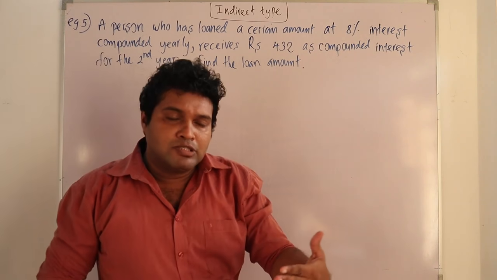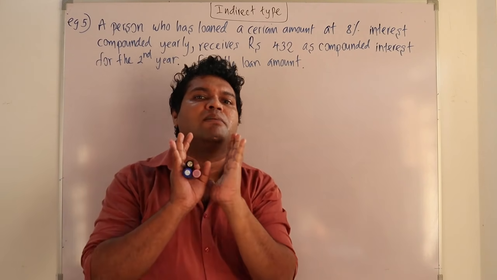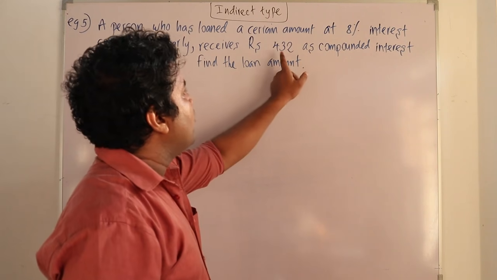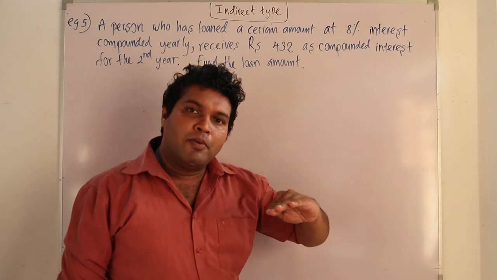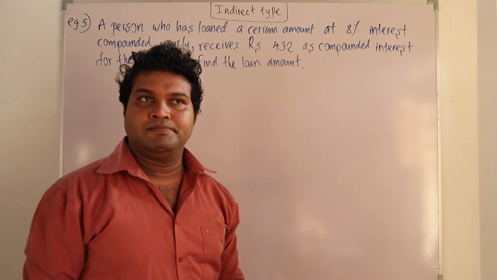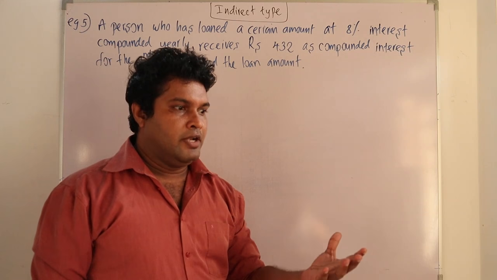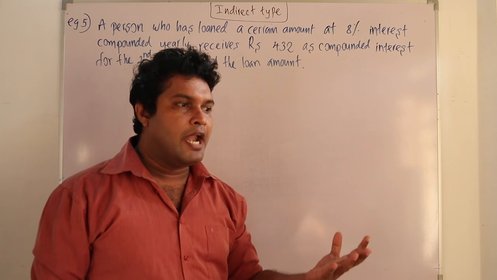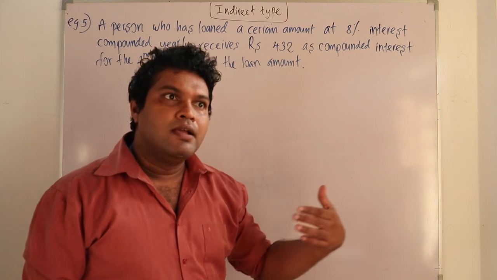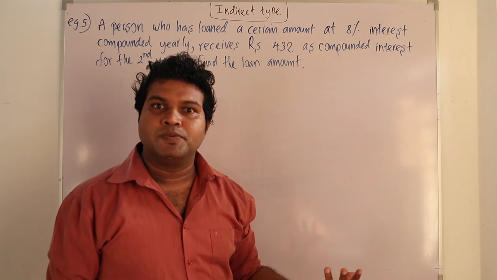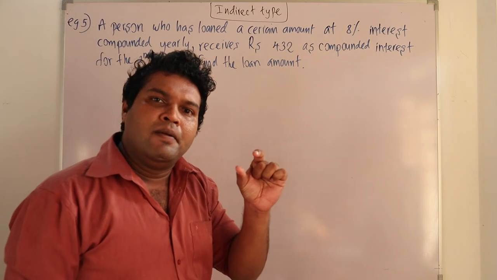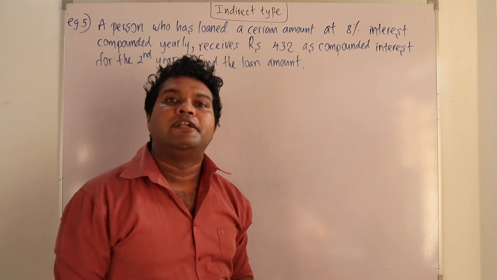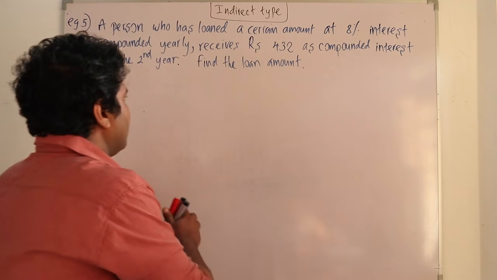What is the meaning? 432 as the compound interest for the second year. How is compound interest for the second year calculated? You suppose the interest for the first year and interest for the second year, we can follow method 1, method 2. How can we find that? Suppose that.